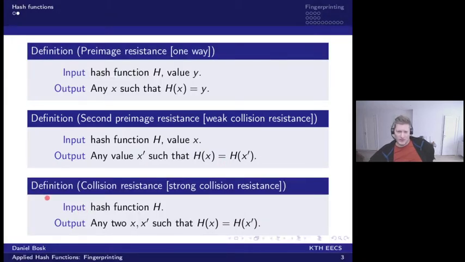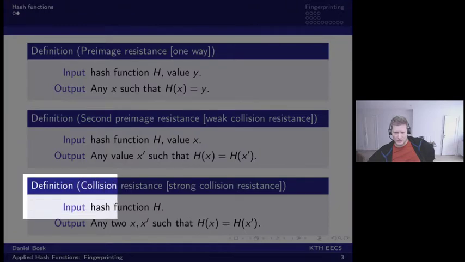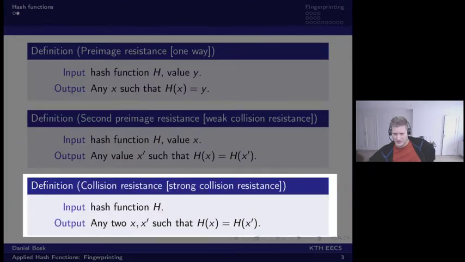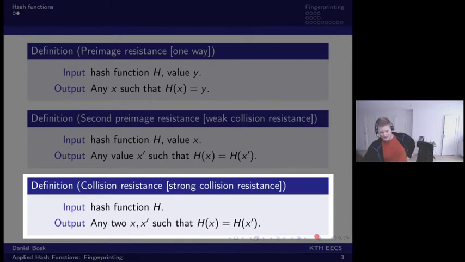The third property is collision resistance. Of course, it's also intricately related to the previous two. But in this case, we just get the function H. And now we have total freedom. We can find any two x and x prime, and they must, of course, not be the same.